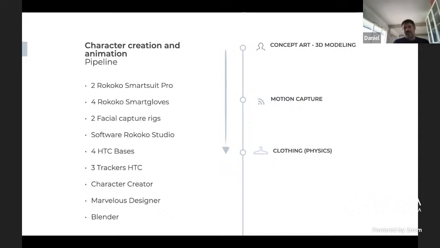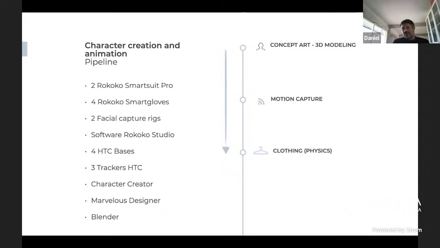This is actually a very time-consuming and resource-consuming stage, because it can be done in Blender, but Blender's clothing solver currently is not so reliable compared to others in the market, like the standard, which is Marvelous Designer.